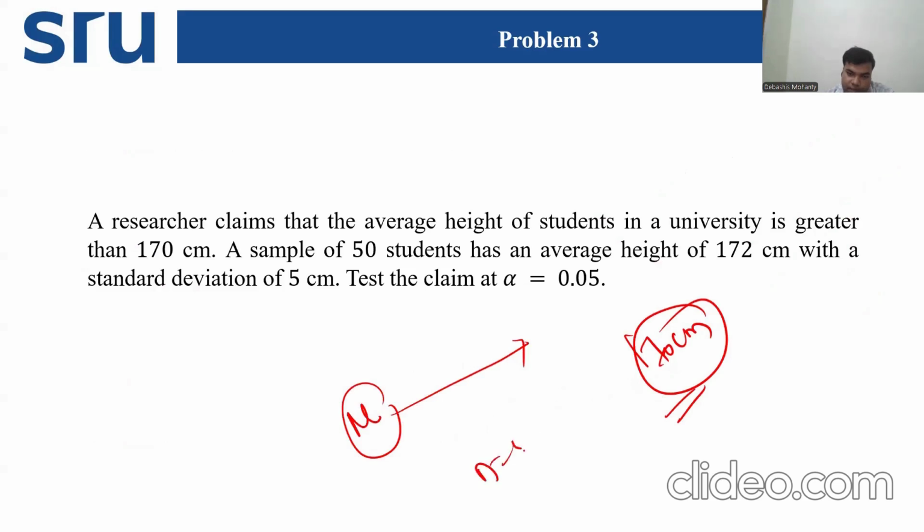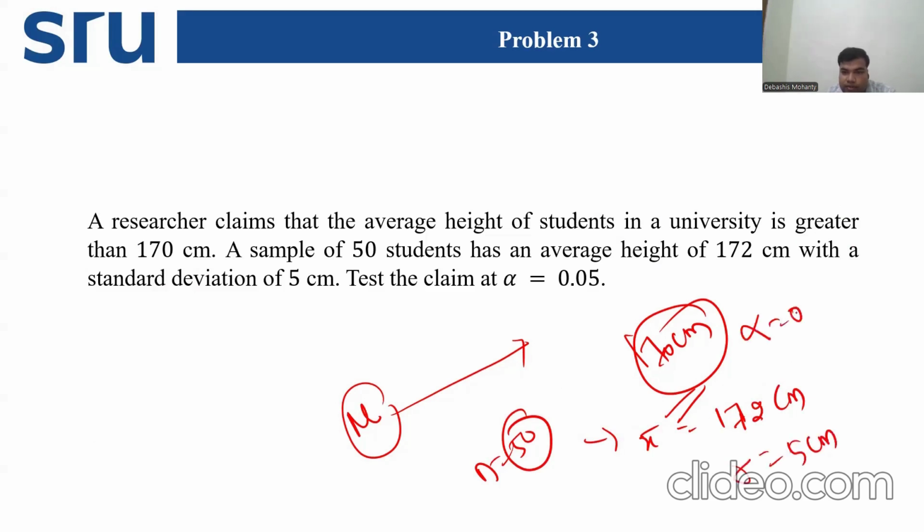This n value is 50, a sample of 50 students. The x bar value is 172 centimeters, the standard deviation sigma value is 5 centimeters, and the alpha value is 0.05.